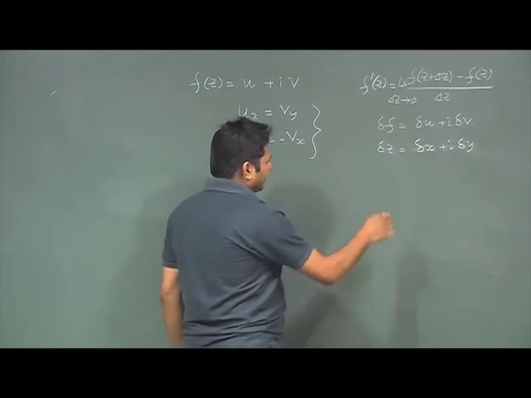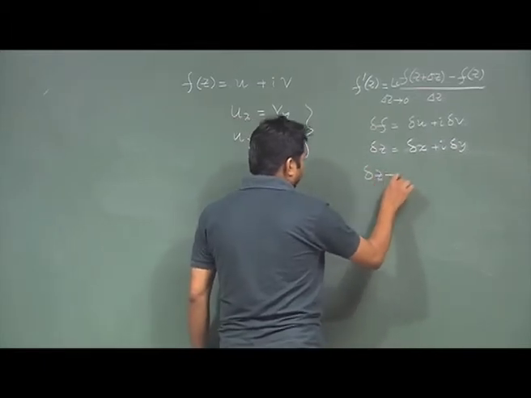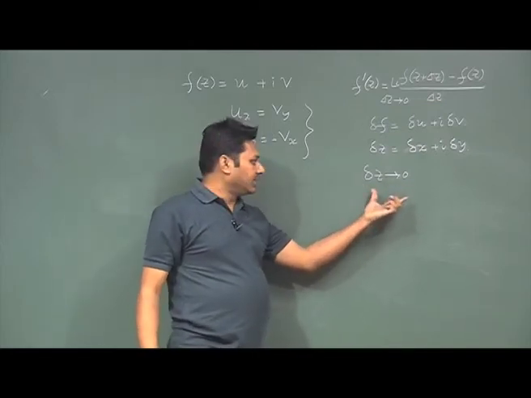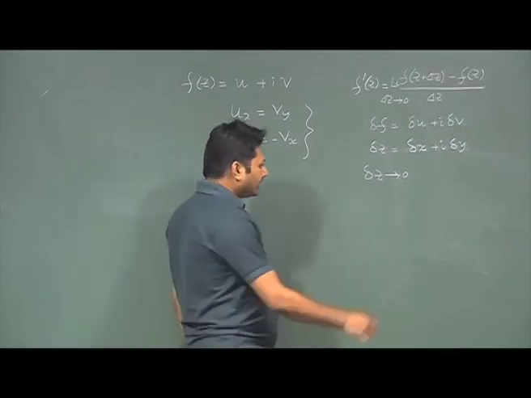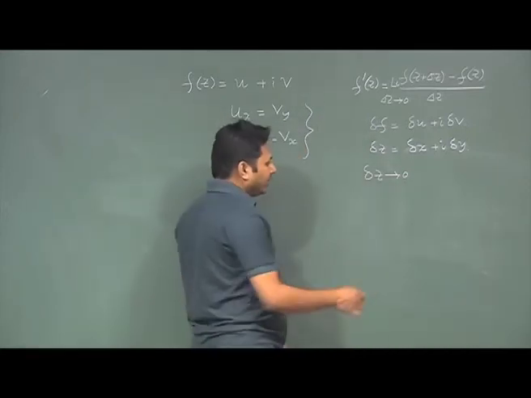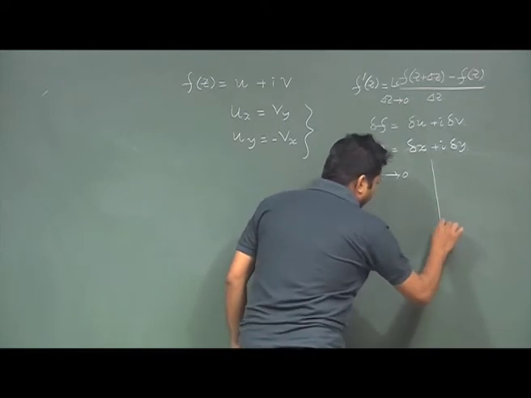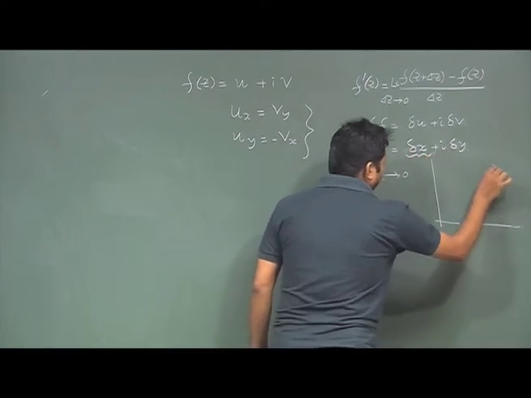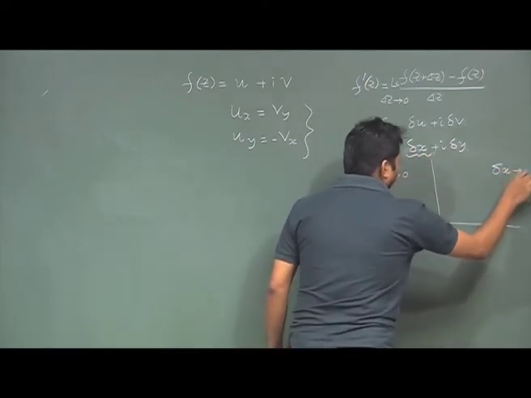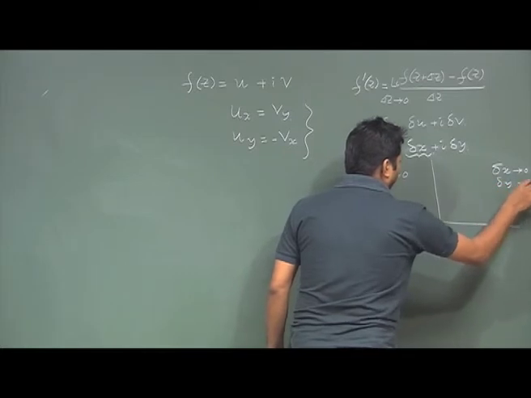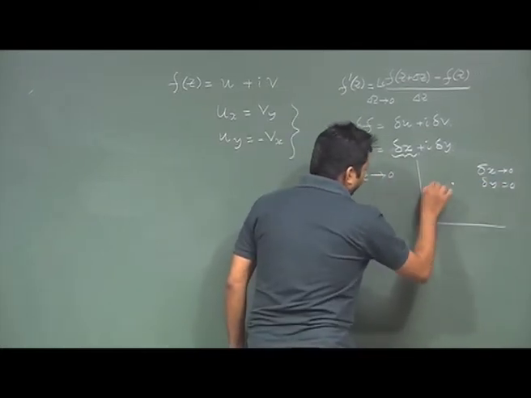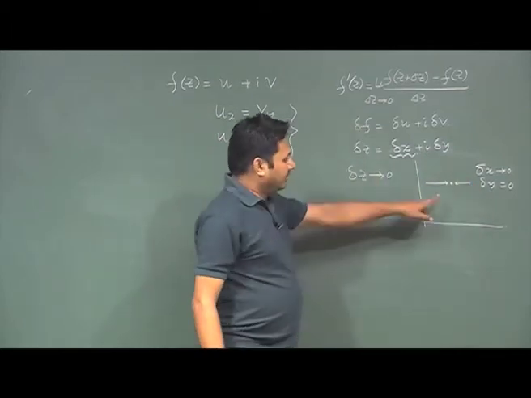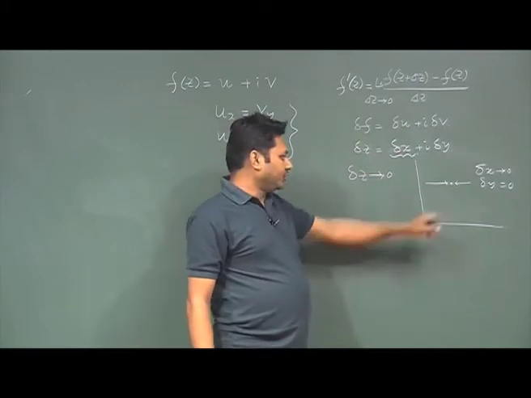I mentioned that delta z tends to 0 can happen in infinite ways, because it can come from anywhere, but I chose preferred directions. In one case my delta x tended to 0 and my delta y was 0, so I am approaching along the horizontal direction, making delta y equal to 0. That was my one approach.